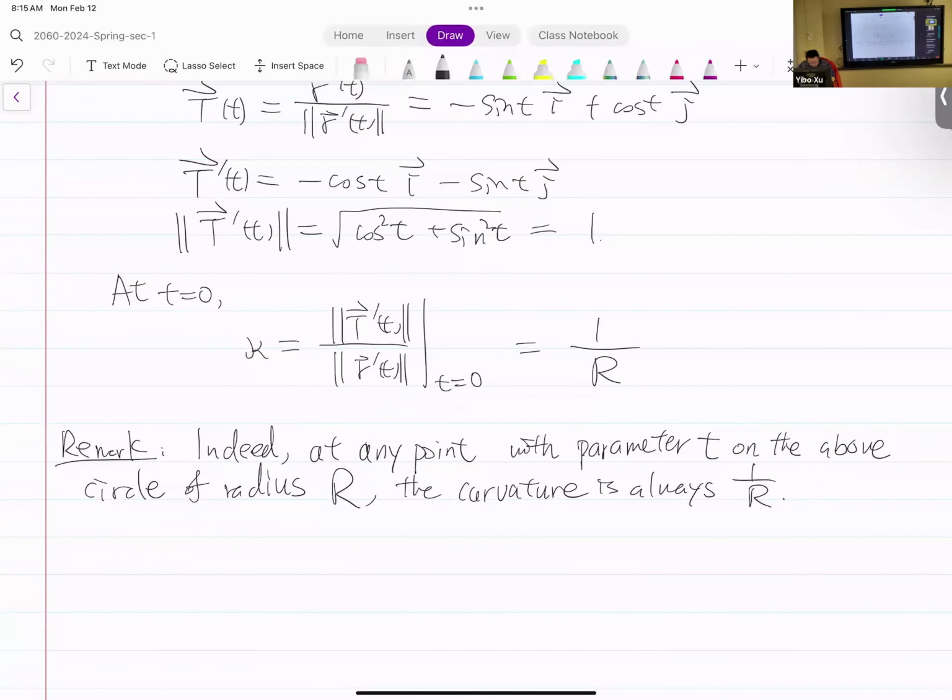Okay, now let's look at another example. The example we have seen just now is a direct application of the formula for curvature. But in some cases, the numerator cap T prime may not be so easy to calculate.